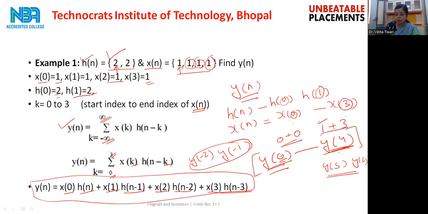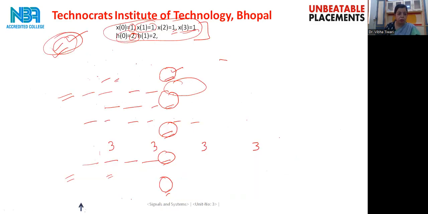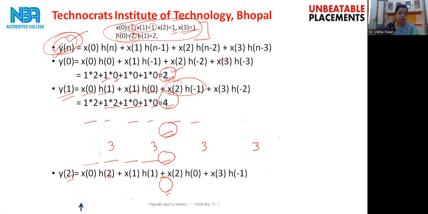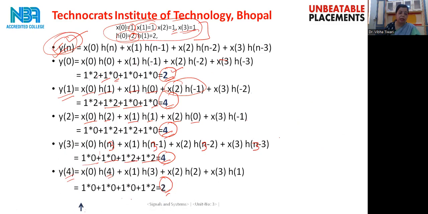Here in this case this is 1 and this is 3. So you can calculate the values of y from y equals 0 to y equals 4, and this will be the complete sequence. Before y0 and beyond y4, you are going to get the output equal to 0. So this is how you can apply the convolution formula mathematically to find the output of any sequence.